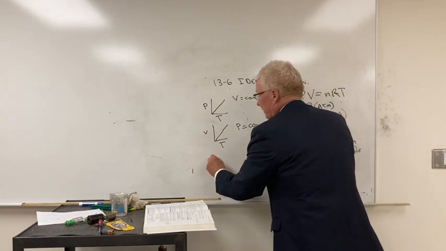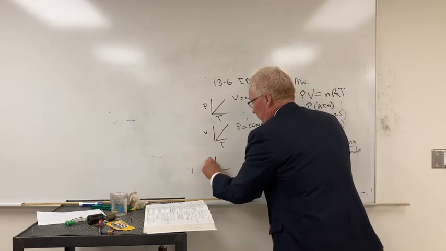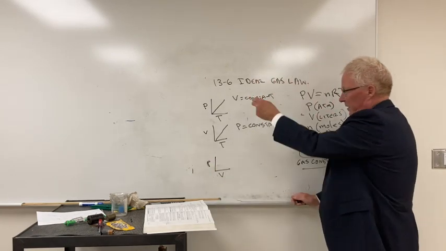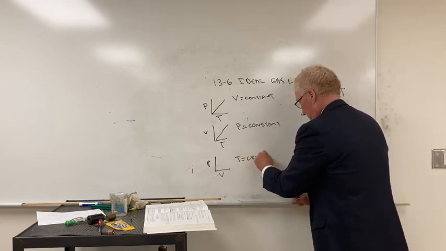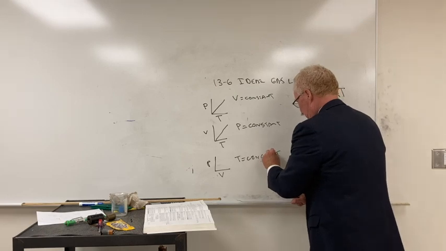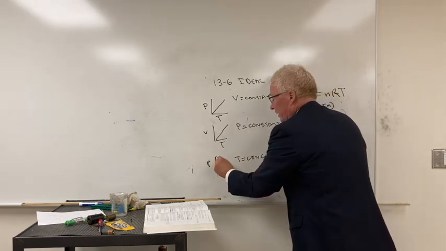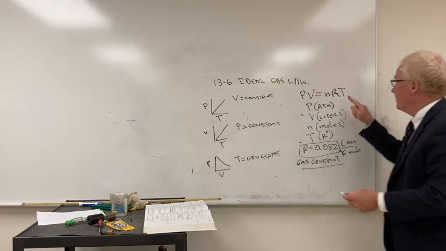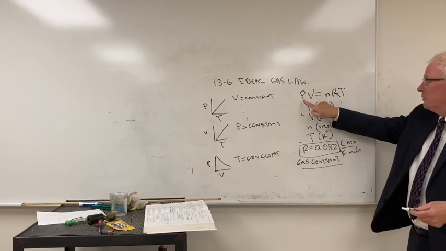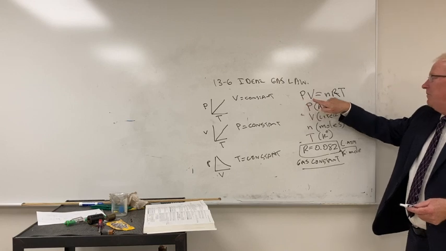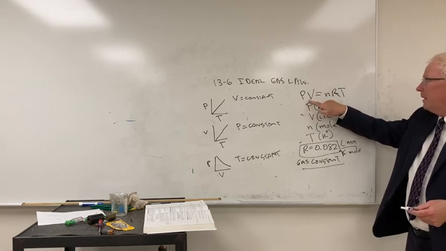And then finally, if you plot pressure versus volume, we'll do more of these things, and keep temperature constant, this is related to Boyle's law, we end up with the inverse one. So if this is constant, this whole right side is constant. So if P goes up, V goes down, and likewise.